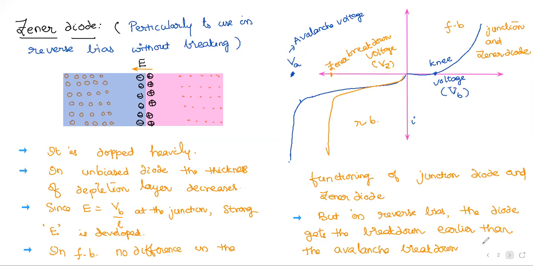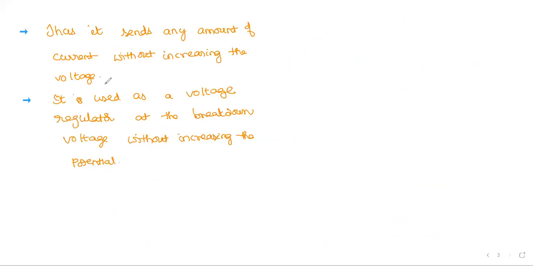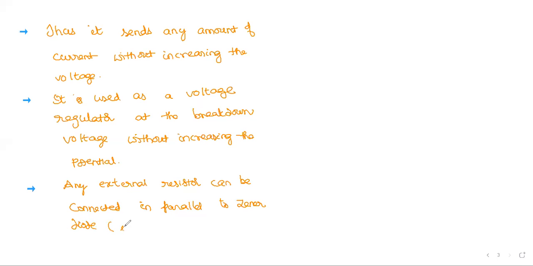In parallel, of course, the potential drop is constant. That's why any external resistor, meaning an appliance, can be connected in parallel to the Zener diode, of course in reverse bias, at the breakdown voltage.